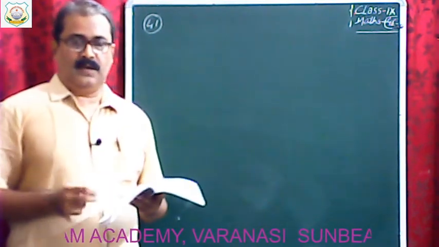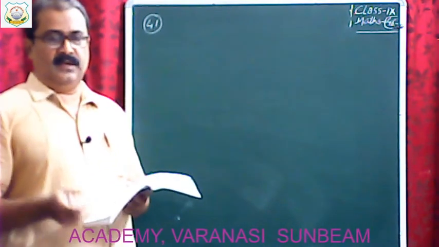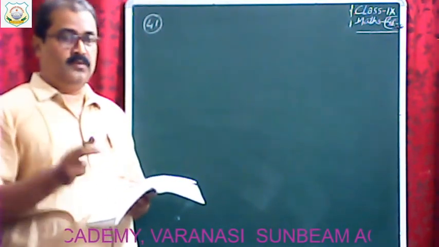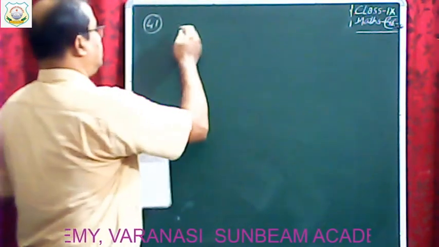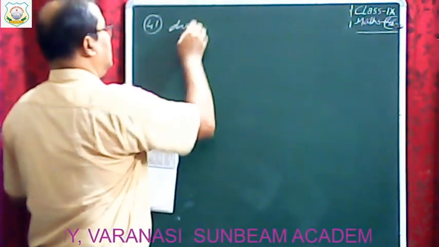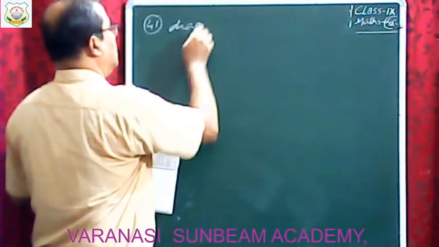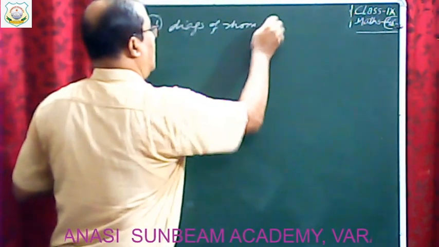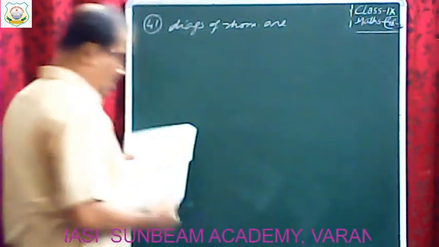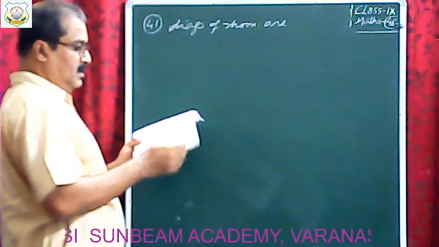So area of parallelogram is base into height, area of rhombus equal to half into product of diagonals. Okay, diagonals given. Diagonals of rhombus are how much? 120 meter and 44 meters.